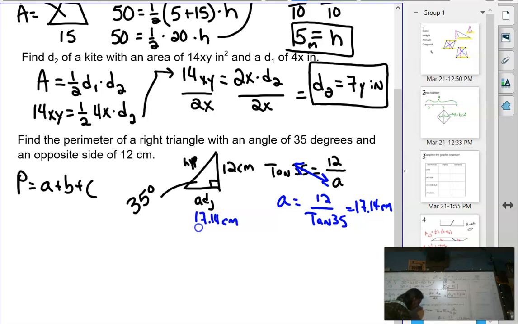And then let's just stick with what we got. We're going to use sine. Sine of 35 equals 12 divided by the hypotenuse. Again, they're going to switch places. I've got hypotenuse equals 12 divided by sine 35, and I get 20.92.